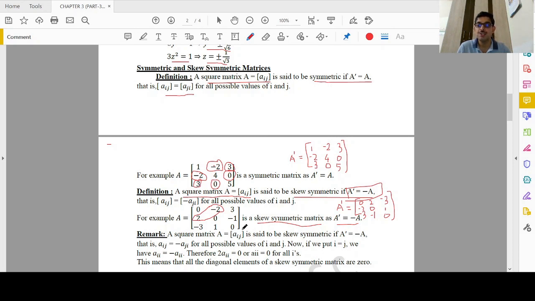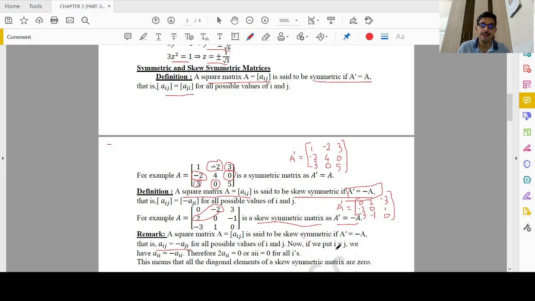Otherwise, if the diagonal elements are non-zeros, then it is not possible that A dash is equal to minus A. So we can easily prove it. A square matrix A equal to Aij is said to be skew symmetric if A dash equal to minus A. So that means Aij equal to minus Aji for all possible values of i and j.